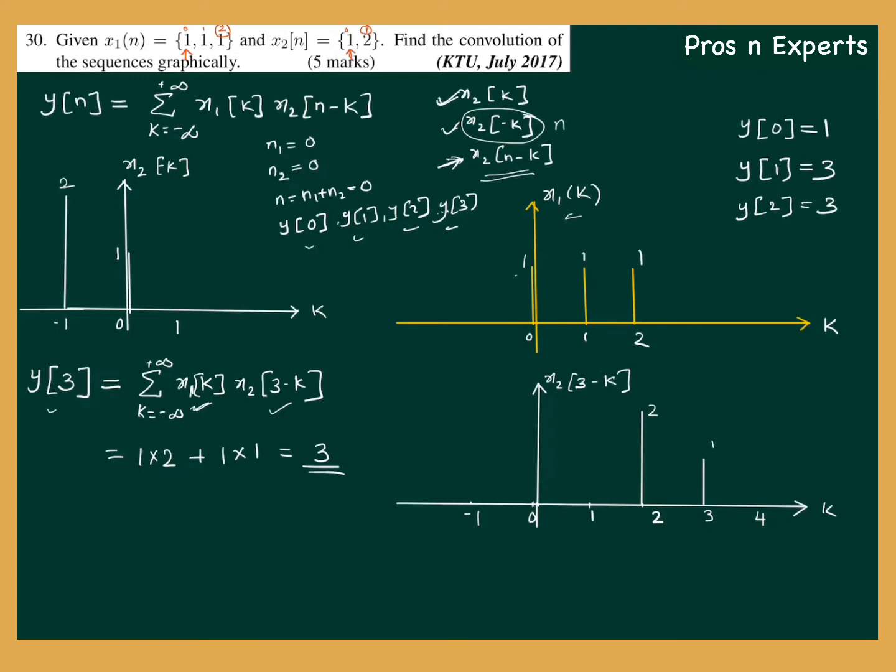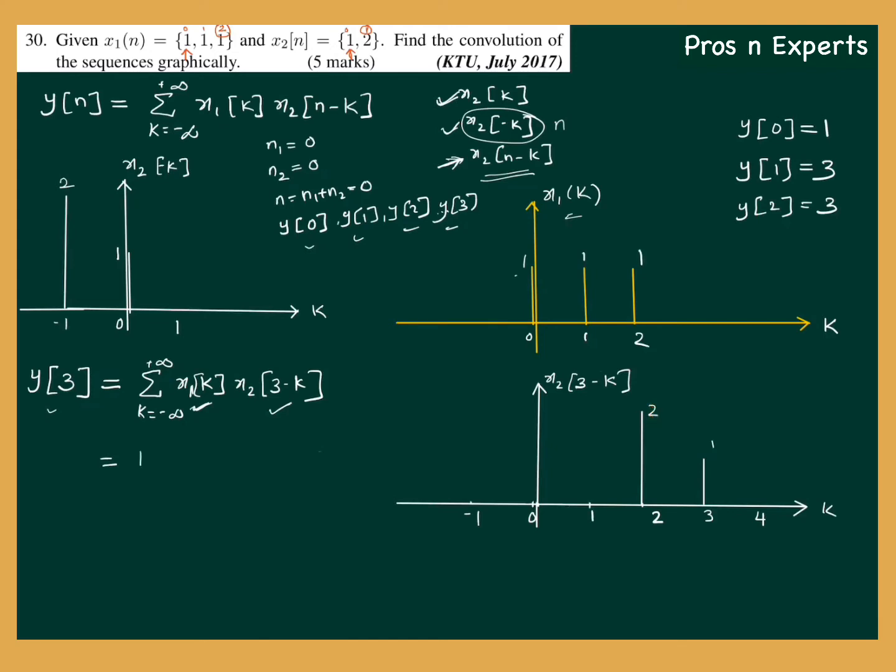Now let us evaluate y of 3 from the equation. That is, you find the product of x1 of k and x2 of 3 minus k, which will give you to multiply this sample with this sample alone. No other samples are left, because all other multiplication will give you 0.